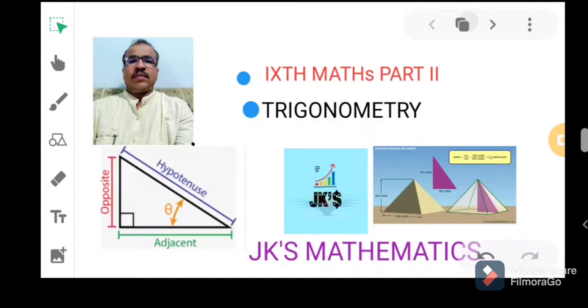Friends, today we are starting the new topic of 9th standard, that is trigonometry.